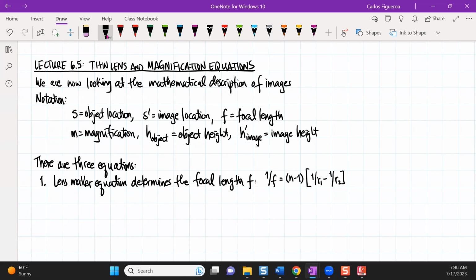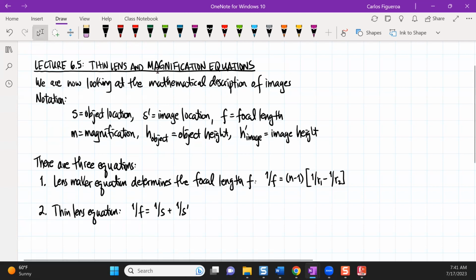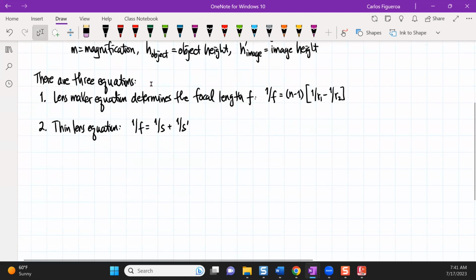Now what we're going to be looking at is the thin lens equation, and this reads 1 over f equals 1 over s plus 1 over s prime. And then finally, we have our third equation, which is the magnification equation.